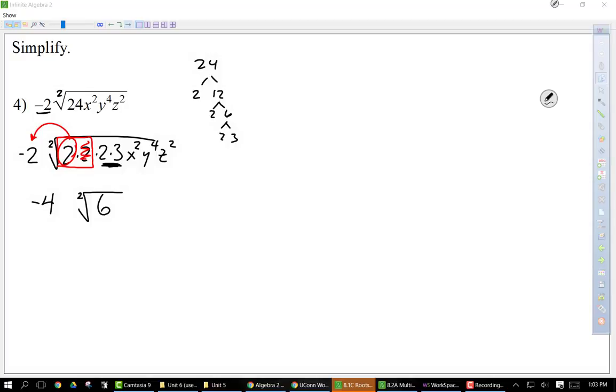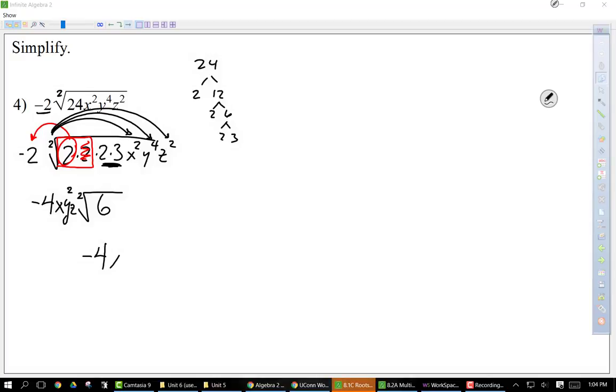Now I'm going to look at my variables. 2 goes into x how many times? Or that, the exponent of 2. Well, it goes in 1 time. I don't have any left over because it goes in evenly. This 2 goes into y to the 4 how many times? Well, that's a 2. How many times does this 2 go into z squared? Well, just 1. Okay, so you notice I'm a little cramped here, so I'm going to rewrite it.